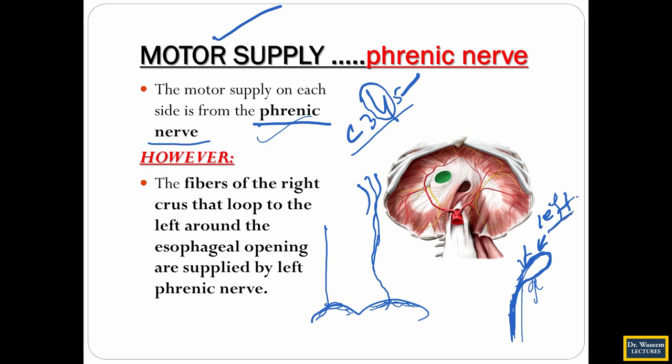So, they get their supply from the left side. So, the left sweeping fibers of the right crus of the diaphragm should be supplied by the left phrenic nerve, otherwise the right crus of the diaphragm is supplied by the right.